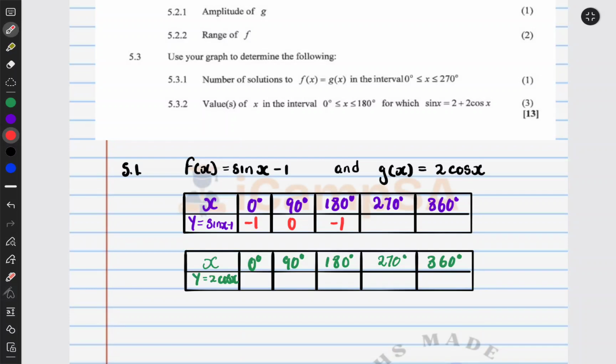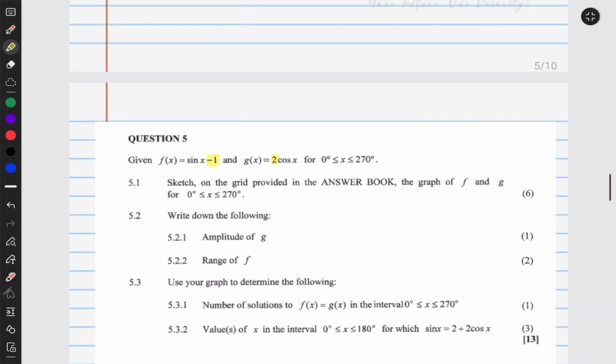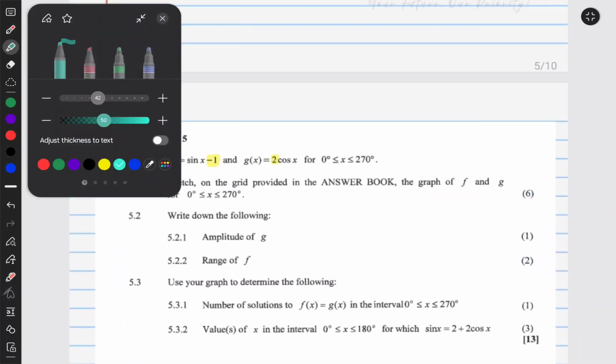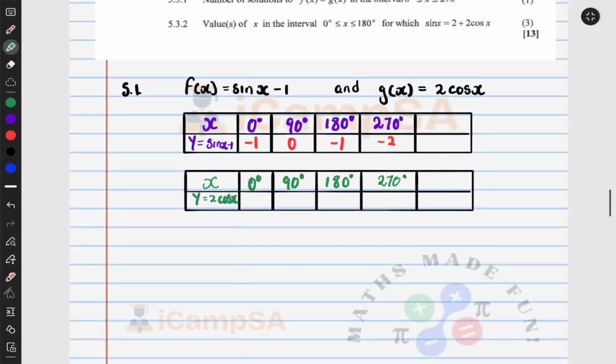Sin of 270 minus 1 is -2. Why did I end up going to 360? Because we end at 270. We don't have 360 because the domain ends at 270, so let's delete this. Remember the restriction we were given, that x only exists for values between 0 and 270 degrees.